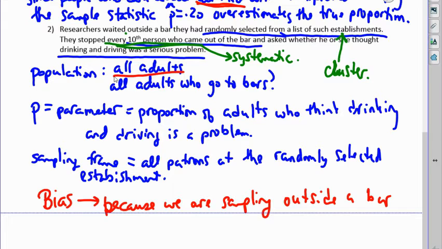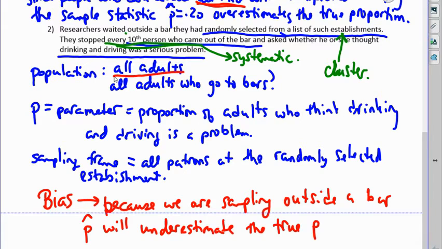I think p hat, whatever number we get, they didn't tell us what the number was, p hat will underestimate, because I think we're going to get fewer people saying that drinking is a problem, than the true p value, that true p, which is the proportion of people who think drinking and driving is a problem.